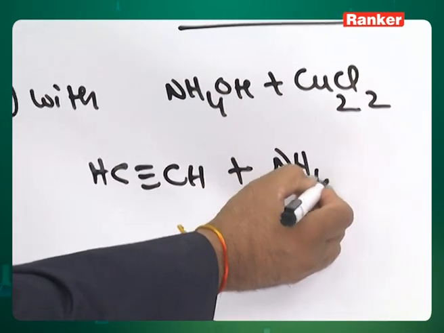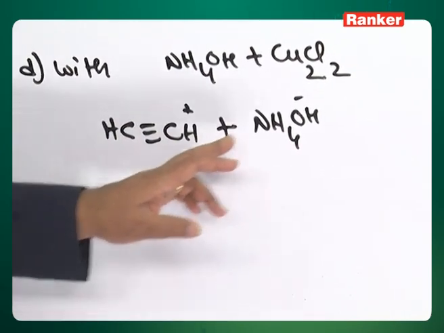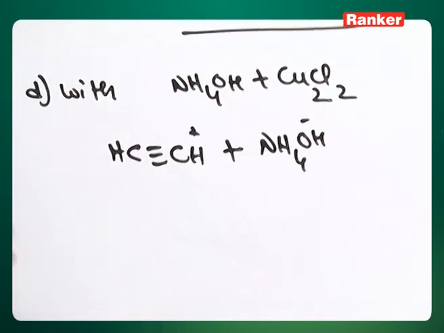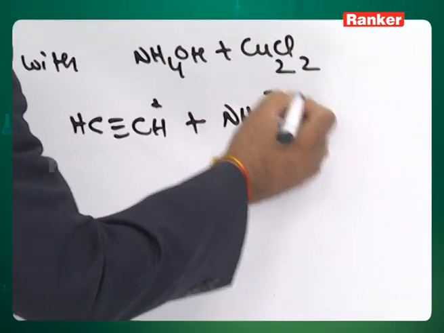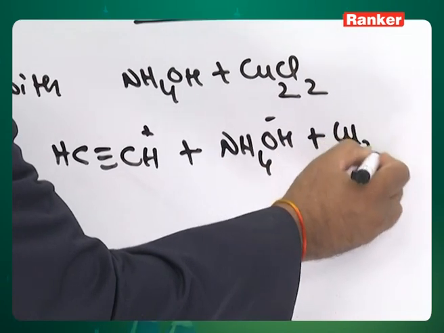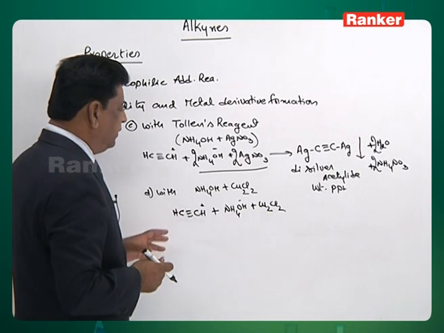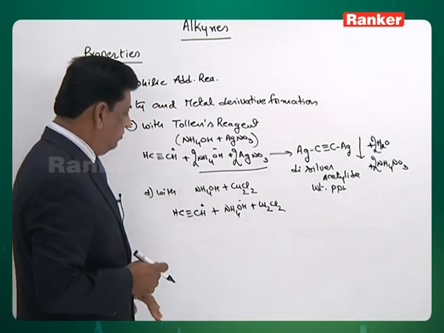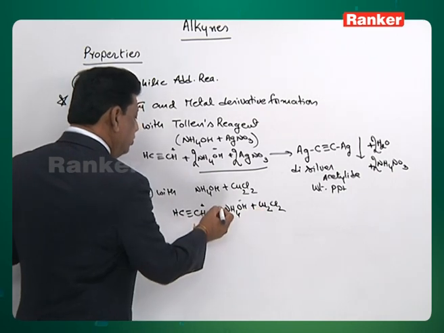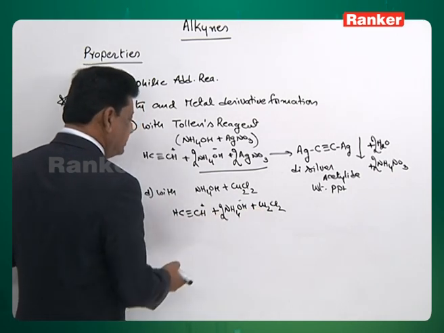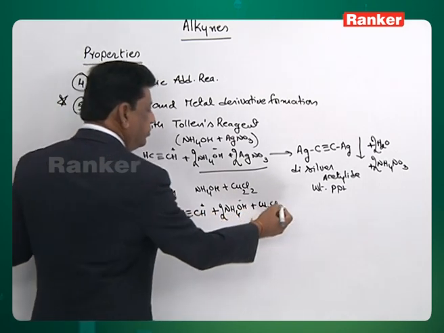Ammonium hydroxide OH minus and H plus is the main reaction, that is water formation, neutralization. This is acid, this is base. But in the place of hydrogen, the cuprous salts are coming. So, Cu2Cl2 is a dimer, CuCl is the formula, but we take the doubled dimer compound, and anyhow 2 Cus are required. So, you take 2 ammonium hydroxide, so that the 2 Hs and 2 OHs form water.